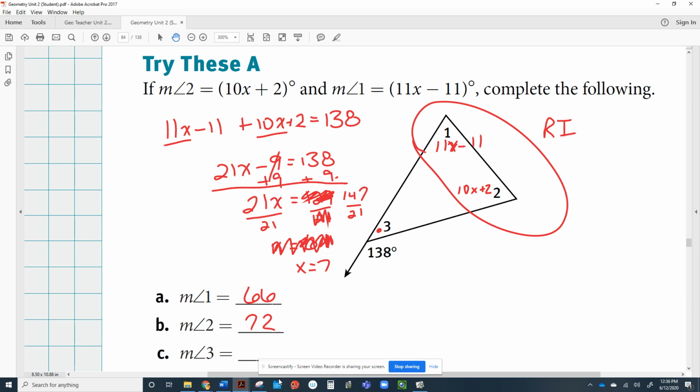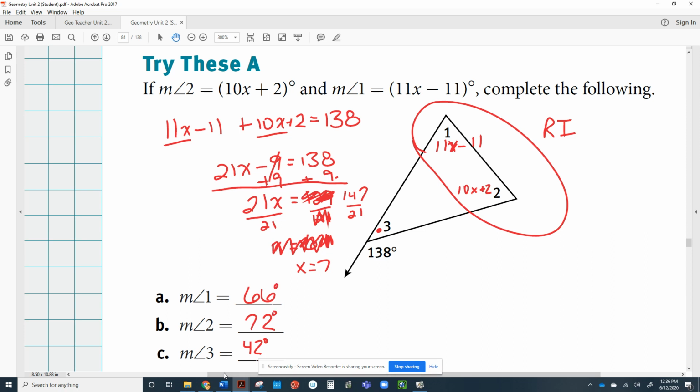And we're going to check and make sure, because remember, angle 1 plus angle 2 is supposed to equal 138. So I'm going to add 66 plus 72 together, and I get 138. So I'm going to subtract 138 from 180, and I got 42.